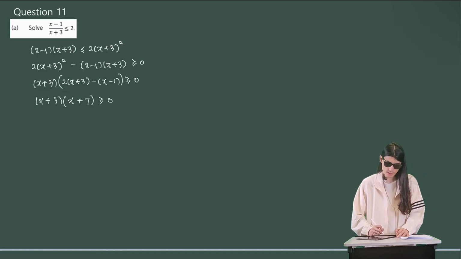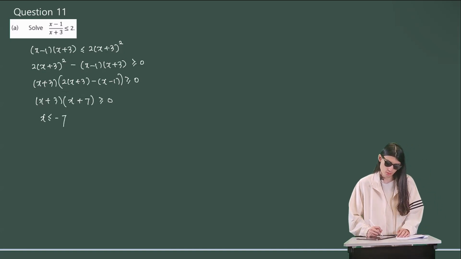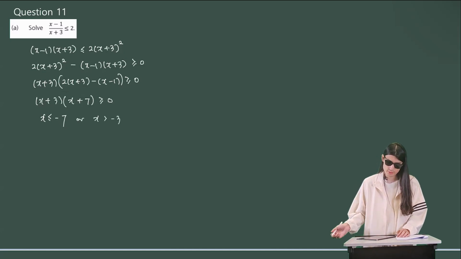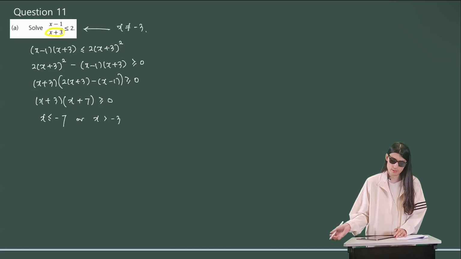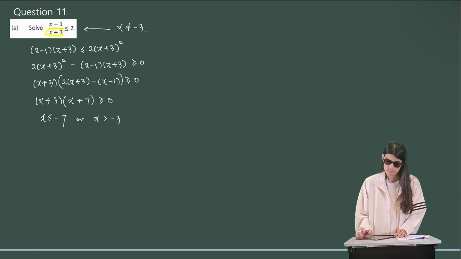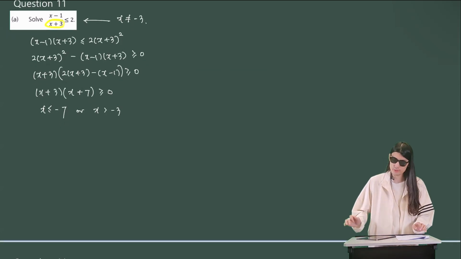And the solution that you get is either less than or equal to negative 7 or strictly greater than minus 3, because we should have noted from the initial question that x equals minus 3 is a restriction, isn't it? So when we write our answer it does not include minus 3.